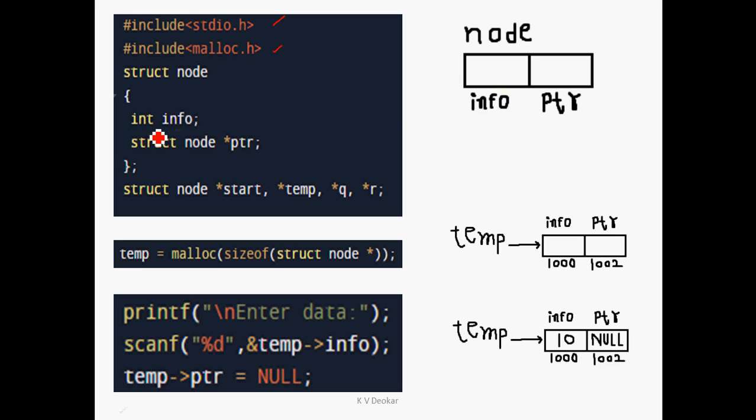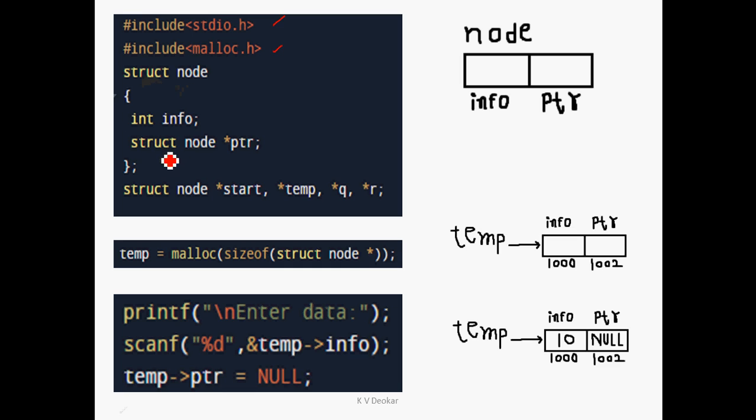Info is an integer, so it will store an integer value. Any number can be stored here: 1, 2, 50, 78. And there is a pointer ptr of type struct node, so it is pointing to another node of the same type, which is a struct node.